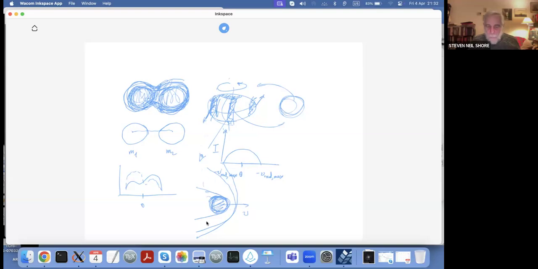This wake and this bow shock, or this bow wave, eventually can heat the envelope. And drag is a frictional process. So the energy has to go somewhere. And in effect, what's happening is this object that's inspiraling is doing work on the envelope.